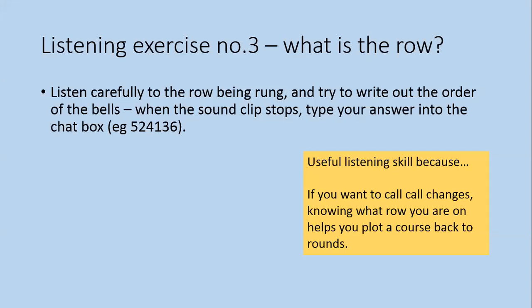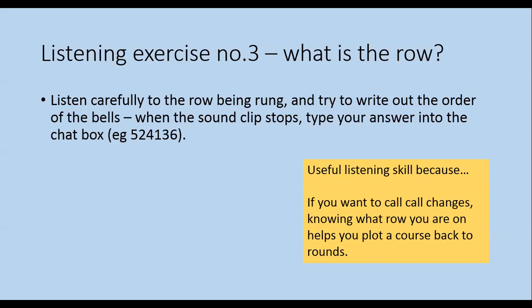So trying to write out which bell is in 1st place, which bell's in 2nd place, 3rd place, 4th, 5th, and 6th. Like I say, quite tricky. So if you're not sure, don't worry. We'll start with an easy-ish one to start off with. Okay, here we go.